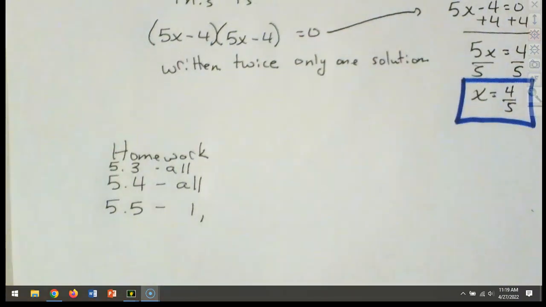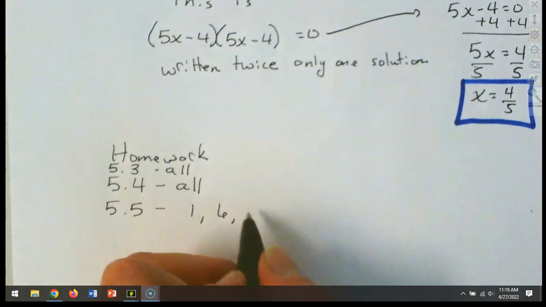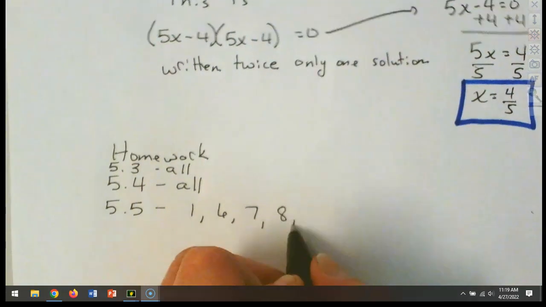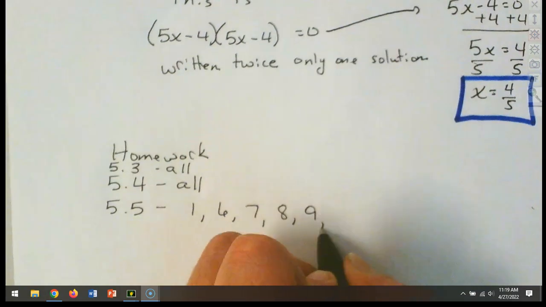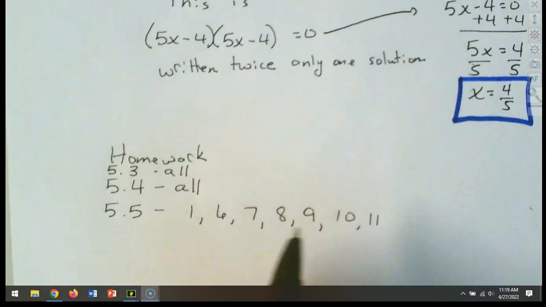You can do question 1, question 6, 7, 8. You can try 8. You may get confused on that one, though, but you could try 8. 9, you should be able to factor out and work through. 10, 11.